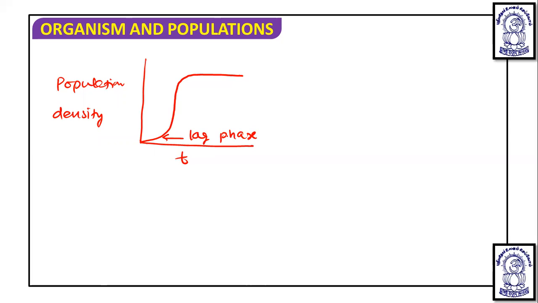A population growing in a habitat with limited resources initially shows a lag phase, that is a preparatory phase. Then you will see the log phase, where the lag phase is followed by acceleration, the increase in population, and then from here the deceleration will occur.